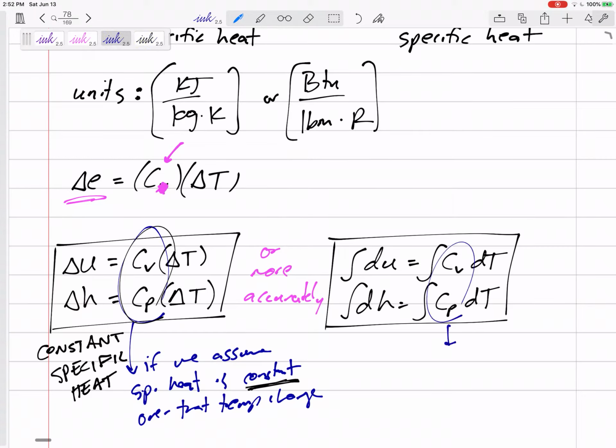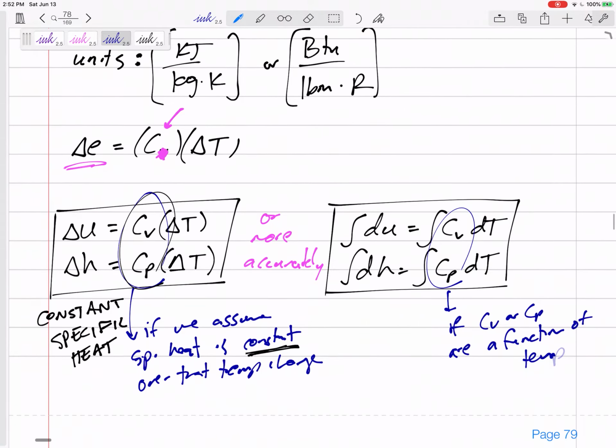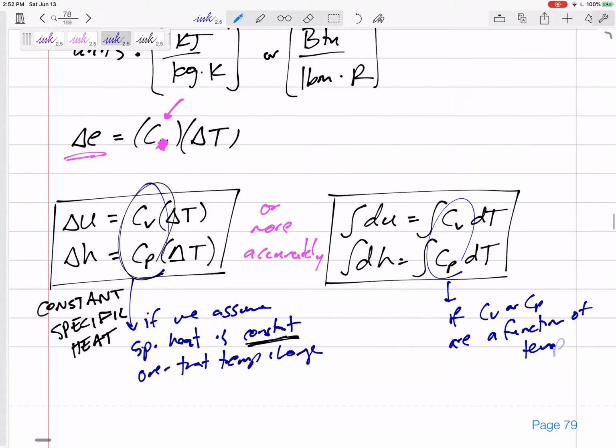And so this is more accurate if Cv or Cp are a function of temperature.